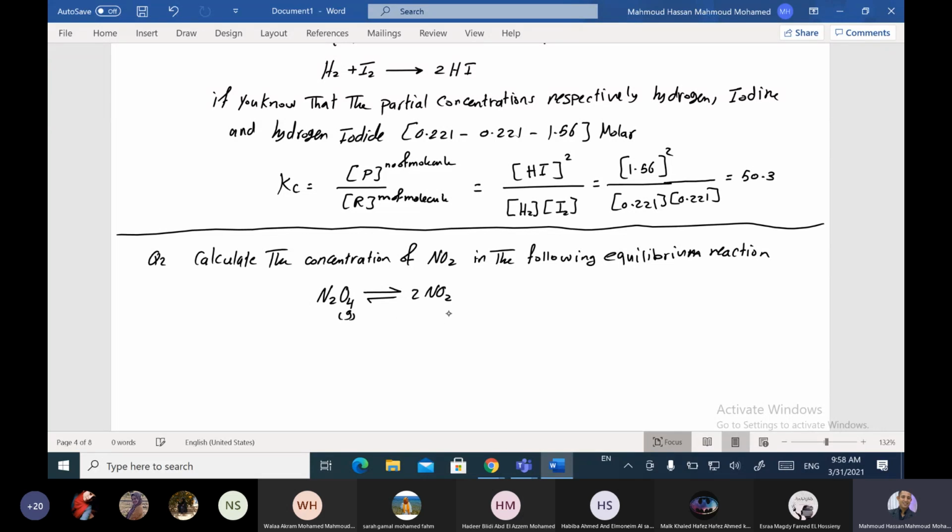This process is in gases, and the Kc value equals 4.8 times 10 power negative 5. NO2 concentration or N2O4 concentration.